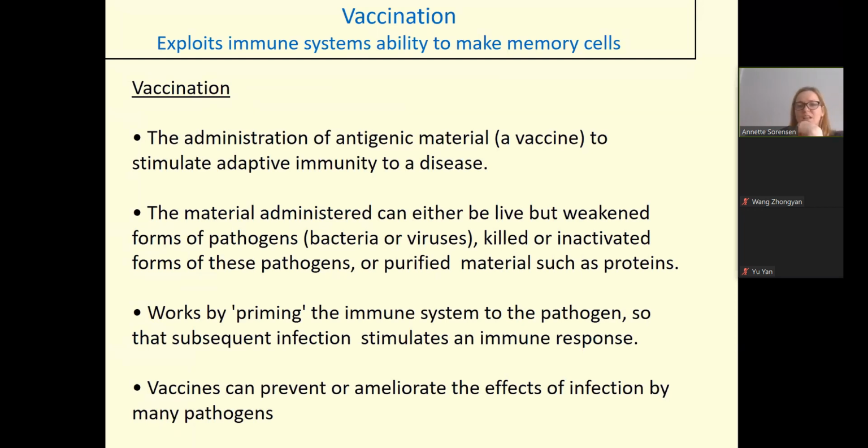It could be an inactivated pathogen, or it can even be a purified or recombinant protein. But what you are aiming for is administering something to that individual which will lead to an immune response, because you need an immune response to make these memory B cells.